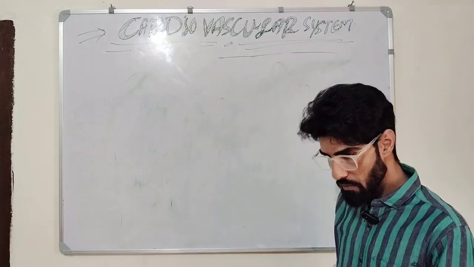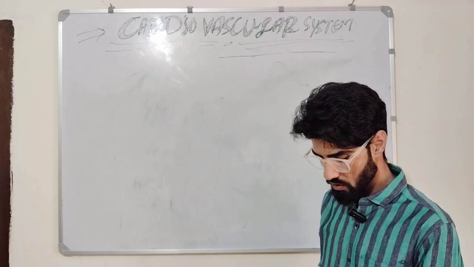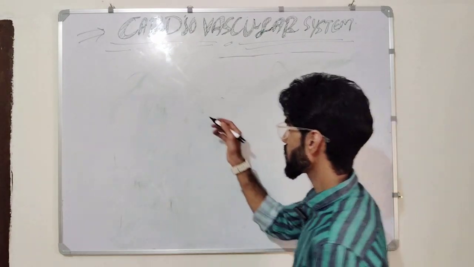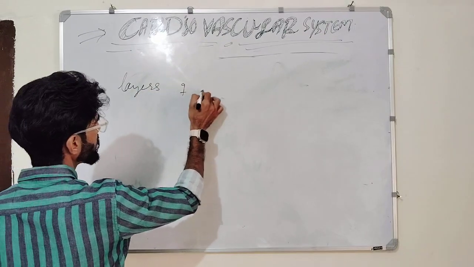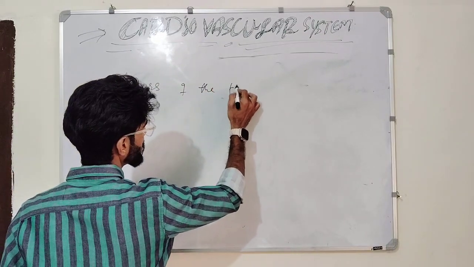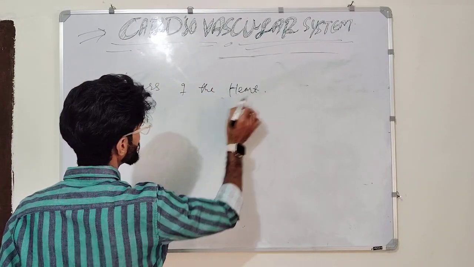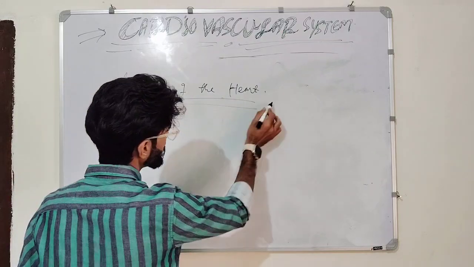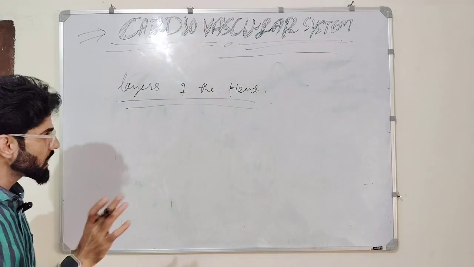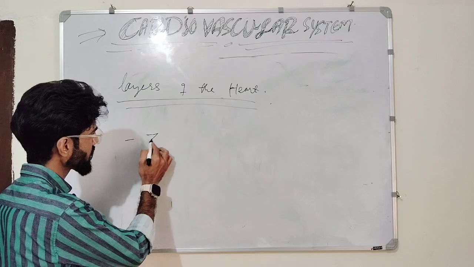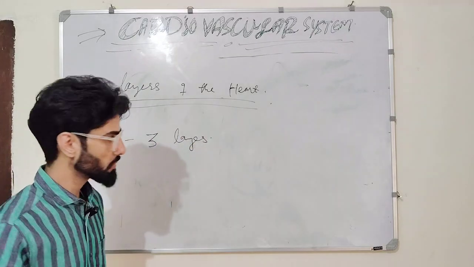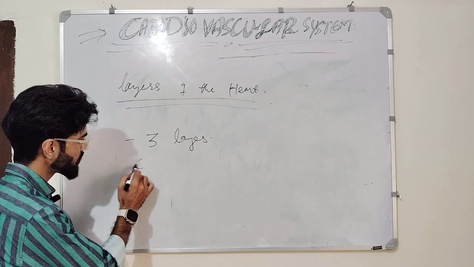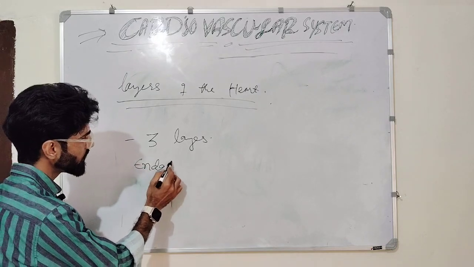Now we have to discuss the layers of the heart. There are three layers of the heart. One is endocardium.